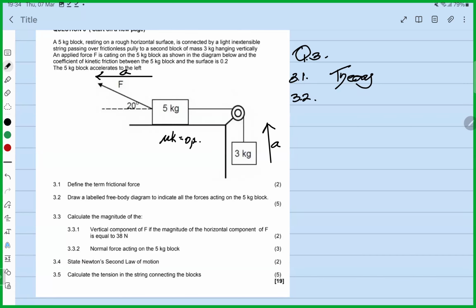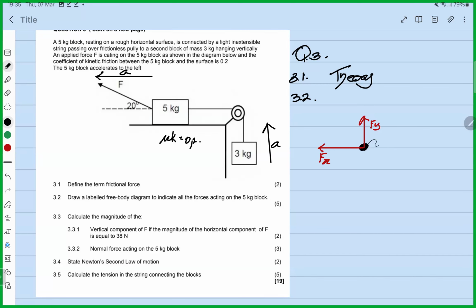Right. Draw a labeled free body diagram to indicate all the forces acting on the 5 kilogram. Now, I'm a die-hard fan where you actually have to draw your components. So there's my Fx there. There's your Fy there. And then you fill in the rest.